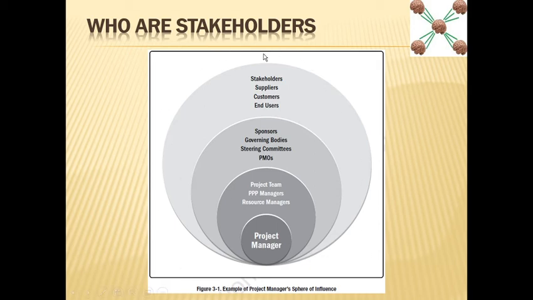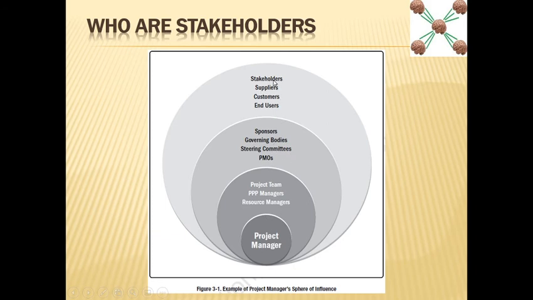But in the last sphere, the sphere with the least influence, come stakeholders. Stakeholders is generally a very general term, because for example your project team is also your stakeholder, so your stakeholders are in these two spheres as well.